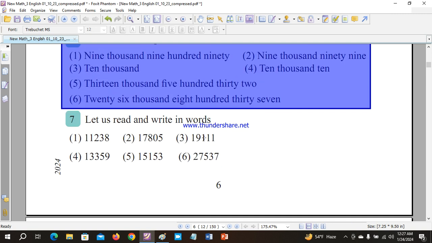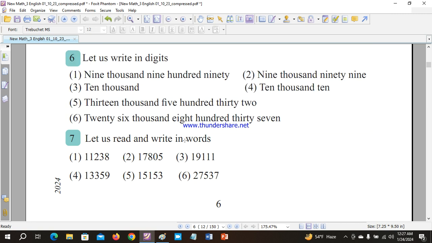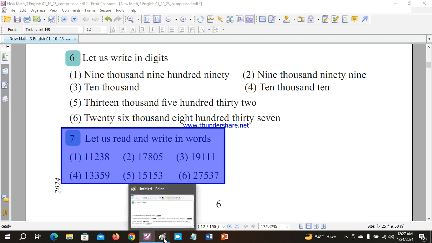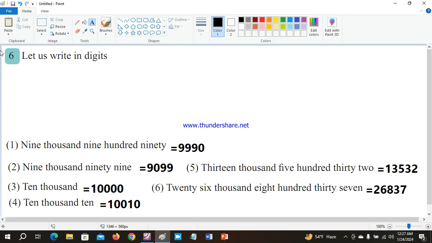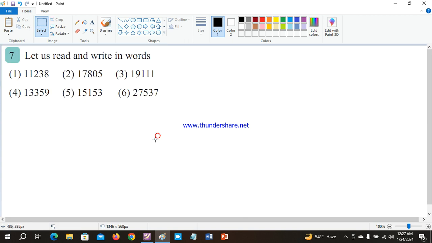And now question number 7. Let us read and write in words. Let's read and write.